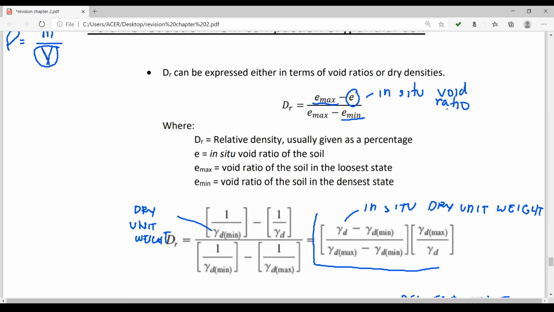Yun po yung values na nakukuha kapag hindi pa processed yung soil mo. Emax is the void ratio at the loosest state of your soil. And the Emin is the void ratio at the densest state or most compact state of your soil.